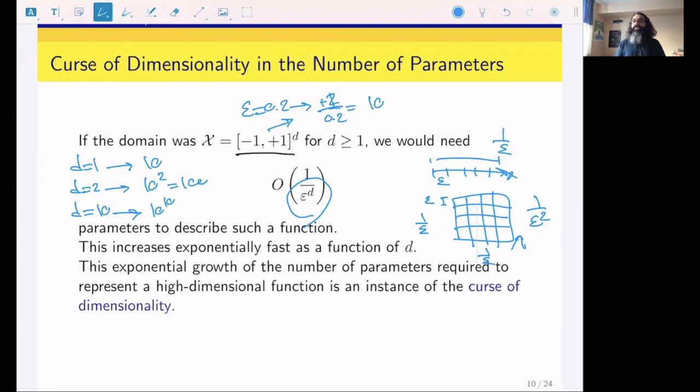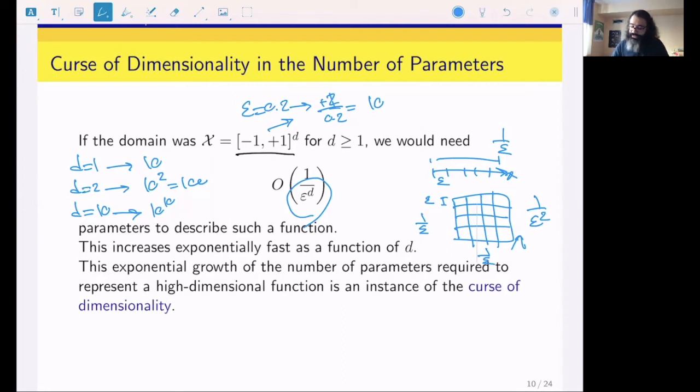And in some applications, say, when we run a computer on Atari, the input is on the order of a few thousand dimensions. I think Atari is like 7,000, 8,000 dimensions, if I remember correctly. So that's very large. So we cannot hope to discretize the state space in this way.